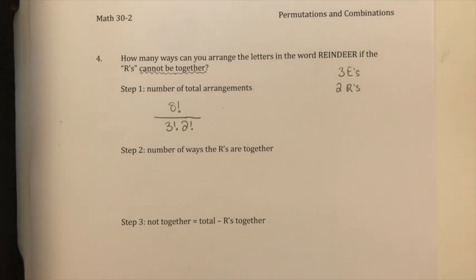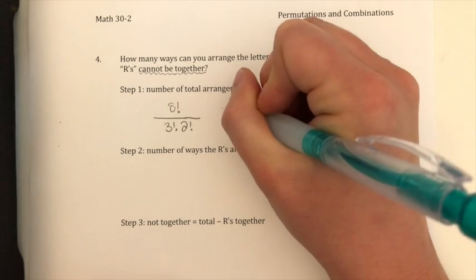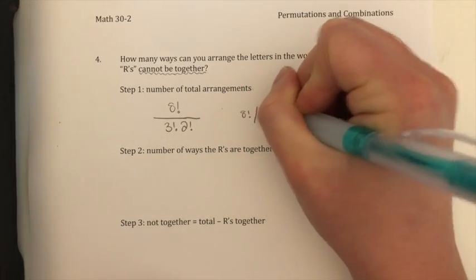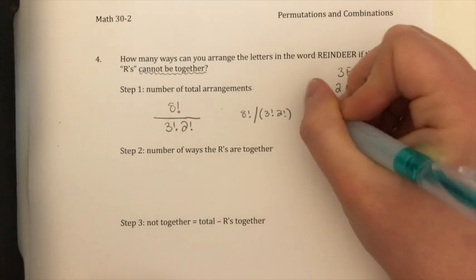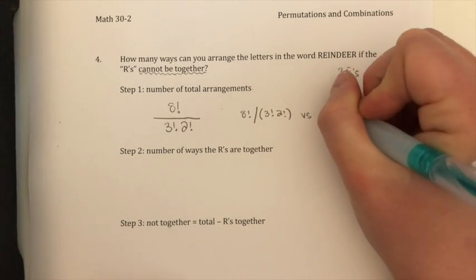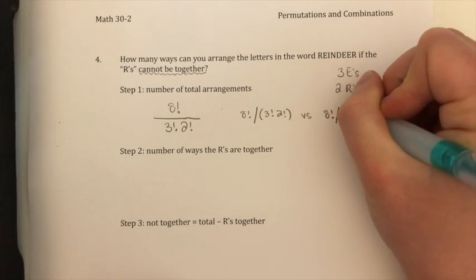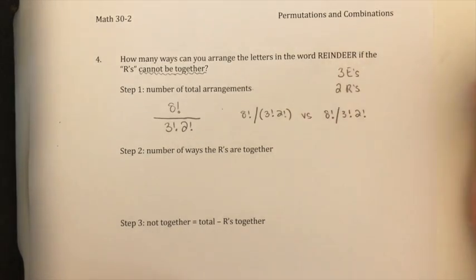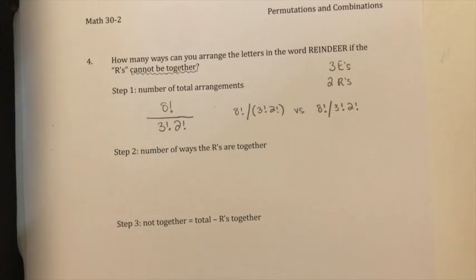And if you are doing this on your calculator, make sure you type it as 8 factorial divided by bracket 3 factorial, 2 factorial, as opposed to 8 factorial divided by 3 factorial, 2 factorial, or times 2 factorial, because your calculator is going to follow BEDMAS.